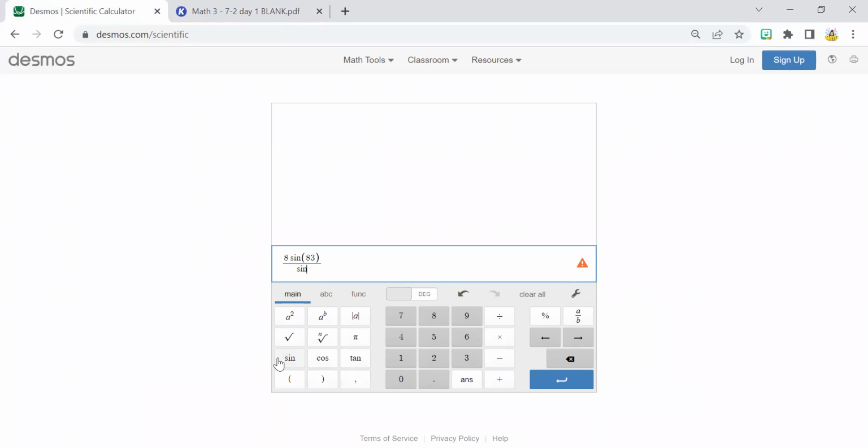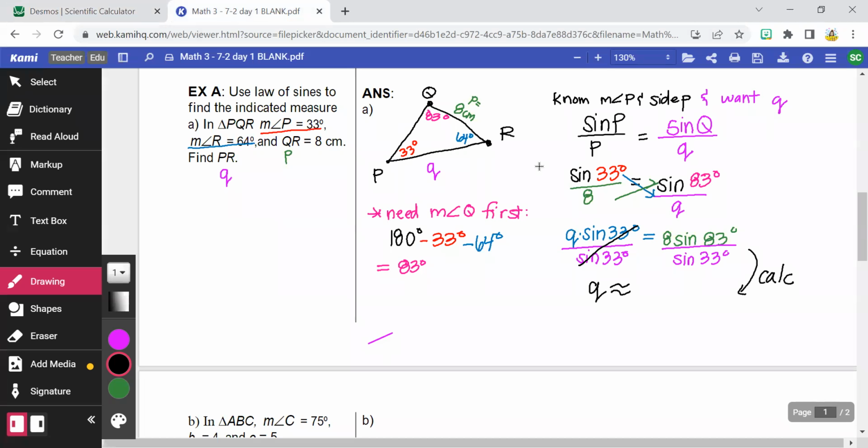Remember, I can type the word sine, see how it straightens out. I know that it knows what I'm talking about. I also don't necessarily need the parentheses. So remember, double check we're in degree mode. And so we get 14.57. So we're going to round that up to 14.6. So that means that Q is 14.6 and our units were centimeters.